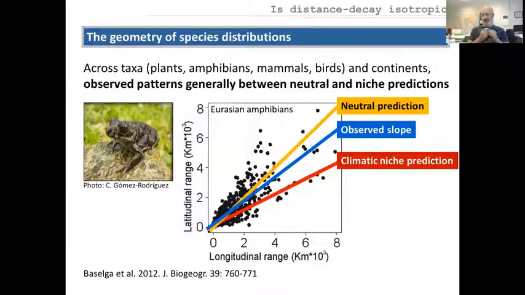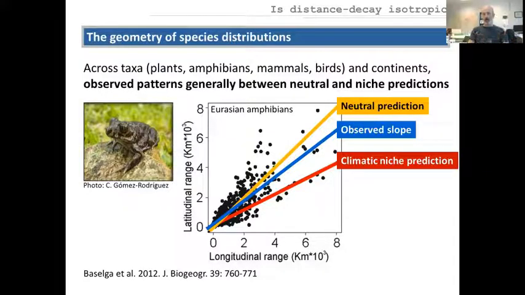And the interesting thing here was the observed pattern was between the neutral prediction, which is just circular ranges with equal ranges in north-south and east-west direction. And as I said, the observed slope of this relationship was between the neutral prediction and the climatic niche prediction, as in many other occasions in macroecology.